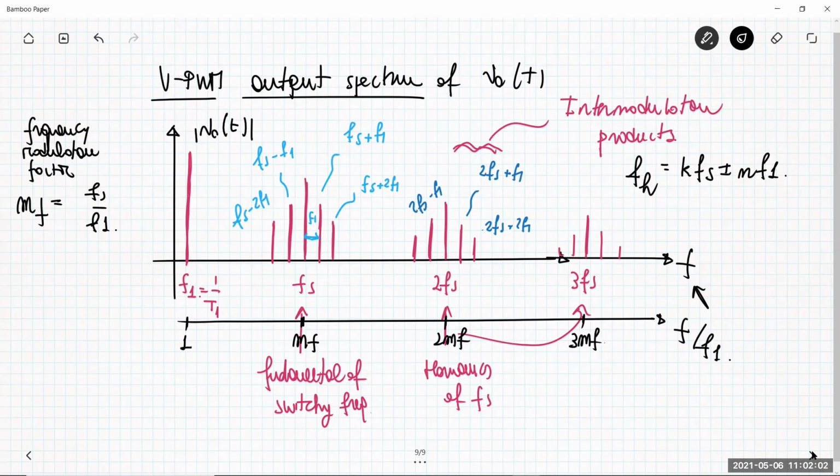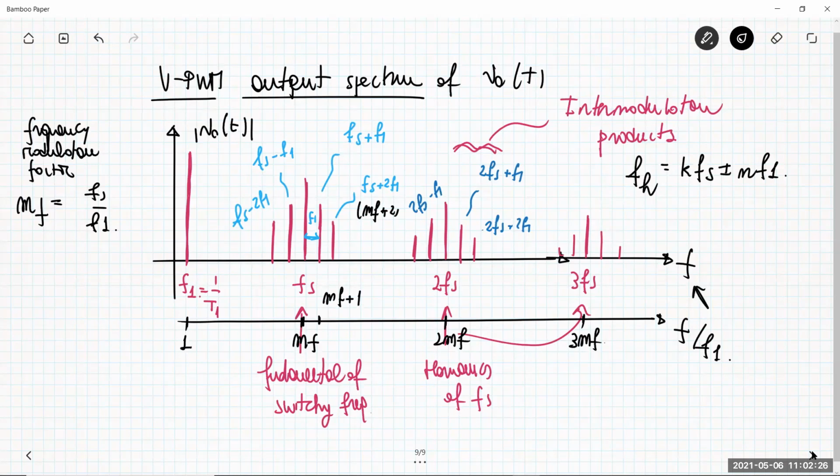And for example, in terms of subharmonics, this is MF plus 1. And then you have MF plus 2, etc. Okay, rescaling, you can have this kind of horizontal axis. This is a generic representation.